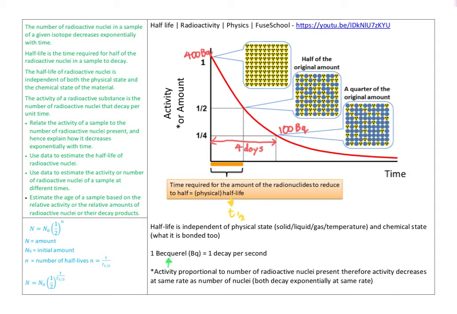After 2 half-lives, half squared would be a quarter. After 3 half-lives, 2 to the power 3 is 8, so we would have 1/8 left. After 4 half-lives, we'd have 1/16 left. So that formula just says more mathematically what I just described.